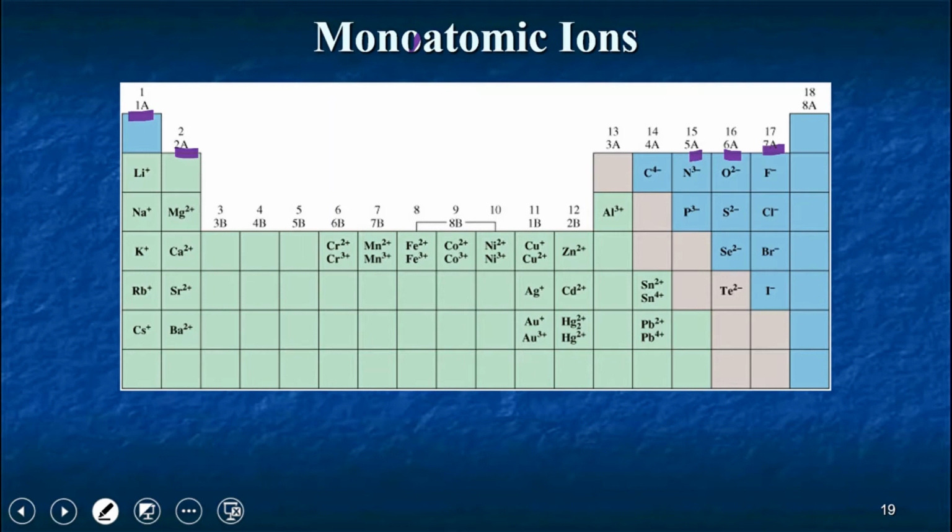One of the things that's important is to realize that we have these groups of ions here that actually form more than one kind. Now, I am not requiring you to memorize what those ions are, but what I need you to know is if you look at the symbol of a metal, I need you to realize, hey, this is one of those guys that can form more than one ion.